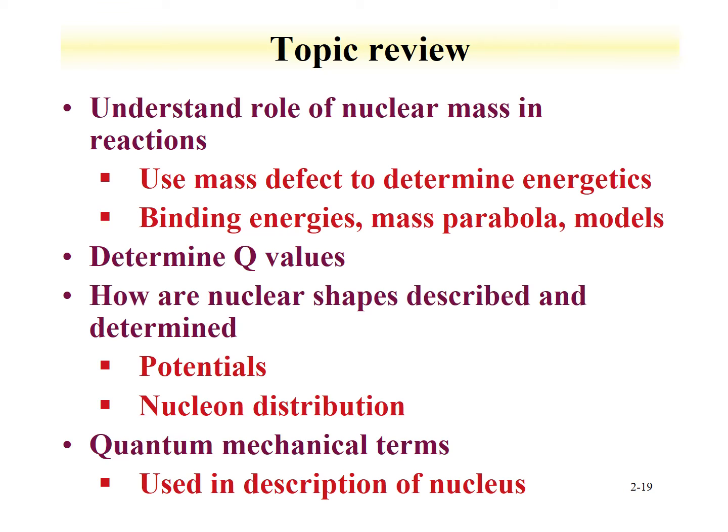There are codes and calculators out there that are available, but you should understand that the Q value, the energy of a reaction, comes from the change in the masses. We discussed nuclear shapes, how we describe them, how they're determined, and basically they come from models that understand mass.